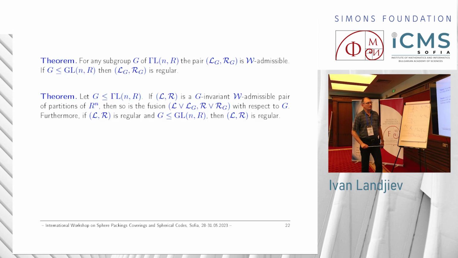And a similar result: if G is a subgroup of gamma L, and if LR is a G invariant doubly admissible pair of partitions, then so is this. So we have plenty of partitions. What does this mean?